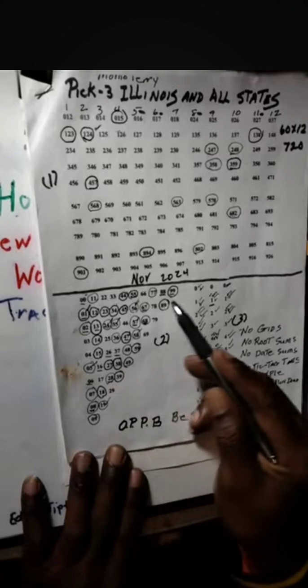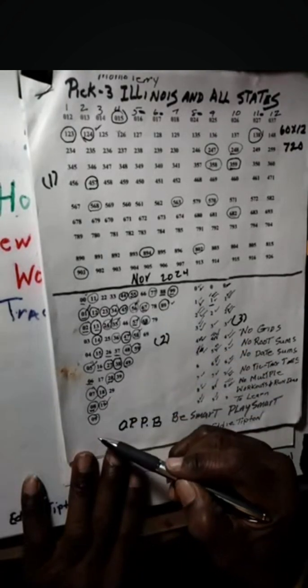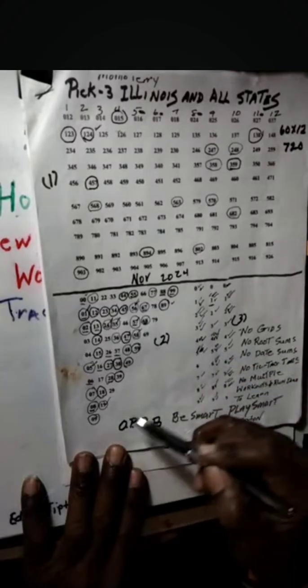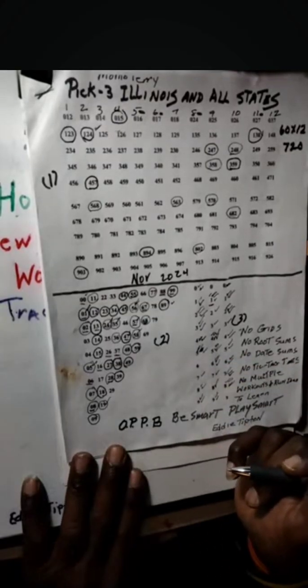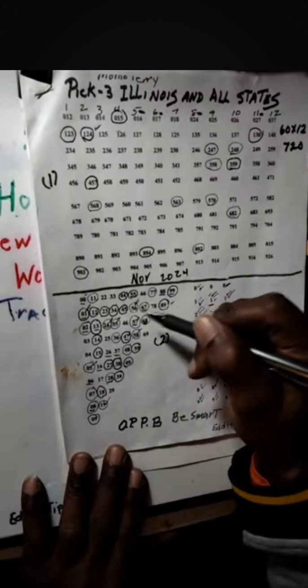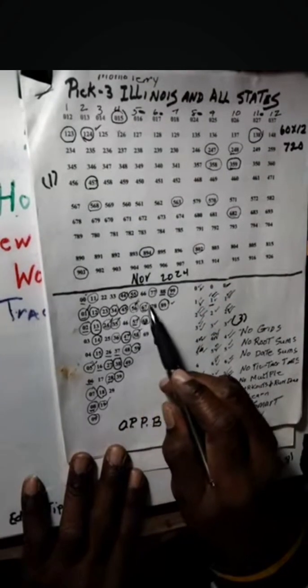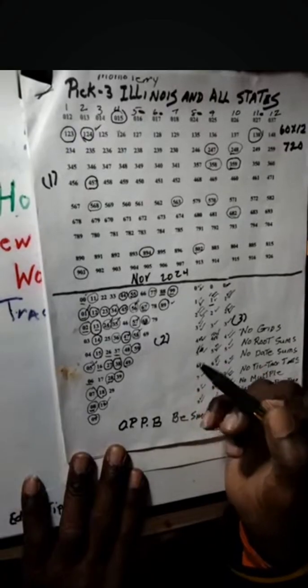So I got all 1,000 number pairs. So whatever pair comes out, I can mark it off this triangle. And so whatever pair that I don't mark off, I move over. So it lets me know.